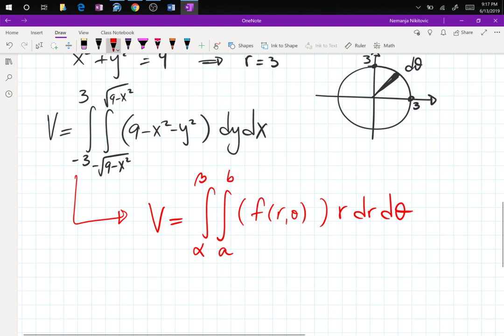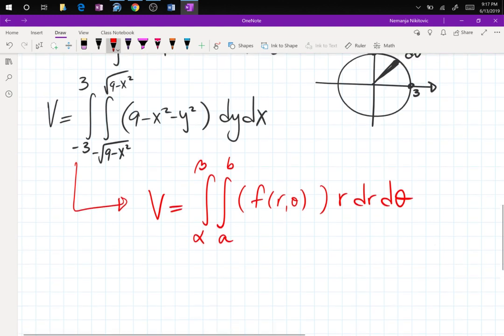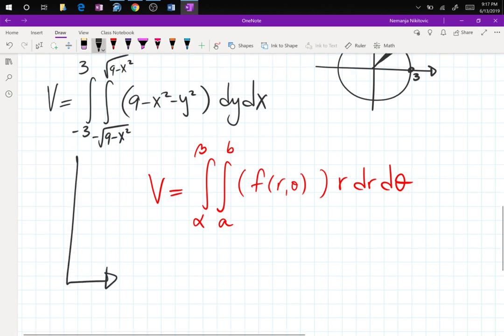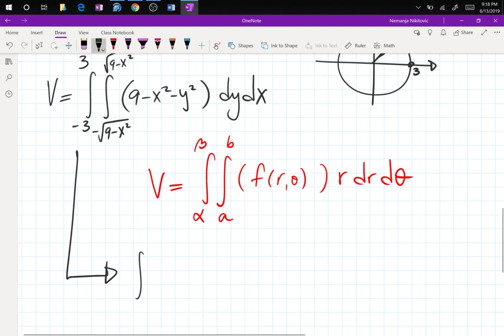So now I see that I can actually convert all of this into this double integral. And this equation now becomes 9 minus r squared. And then I have r dr d theta.